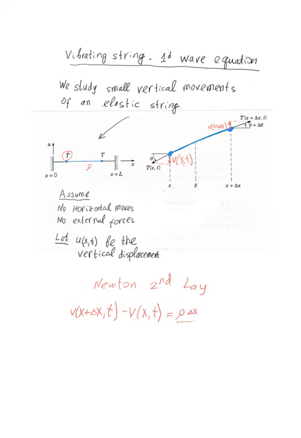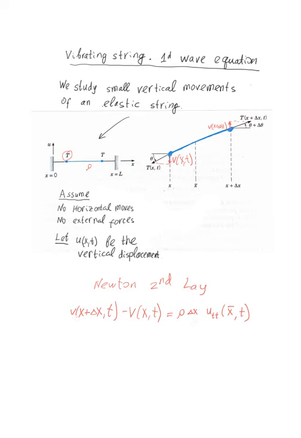That will give us the mass, and multiplied by the acceleration, vertical acceleration. So it will be the second derivative with respect to time of the vertical displacement. Now, that acceleration will be at the center of mass, which we denoted by x bar.